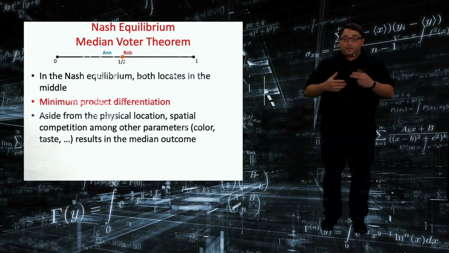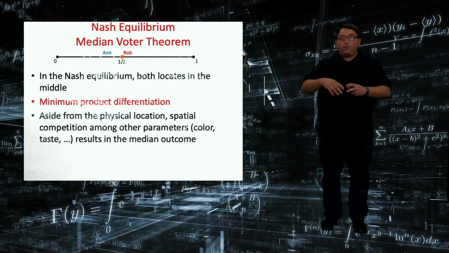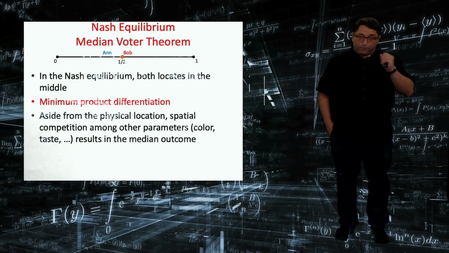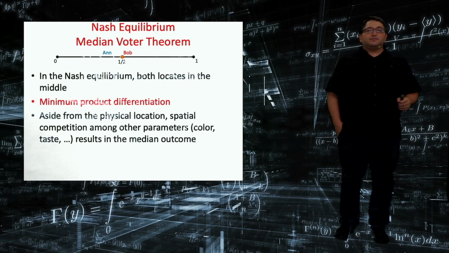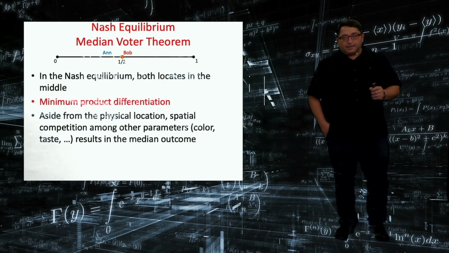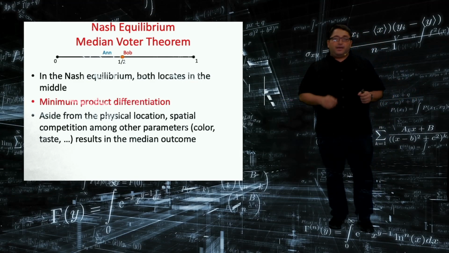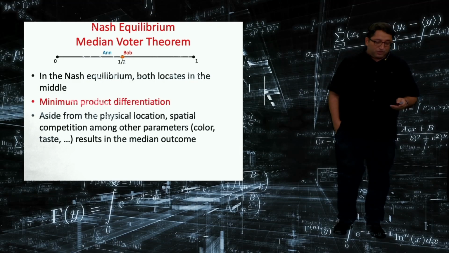But if there are more than two, you will see that three or more of them being in the center will not be an equilibrium. But for two sellers and with only one parameter where competition occurs, we end up with minimum product differentiation.